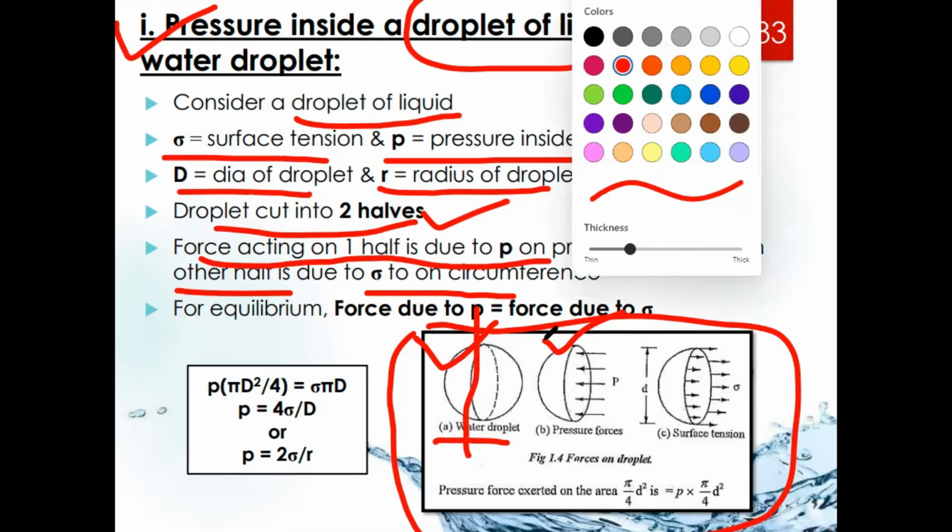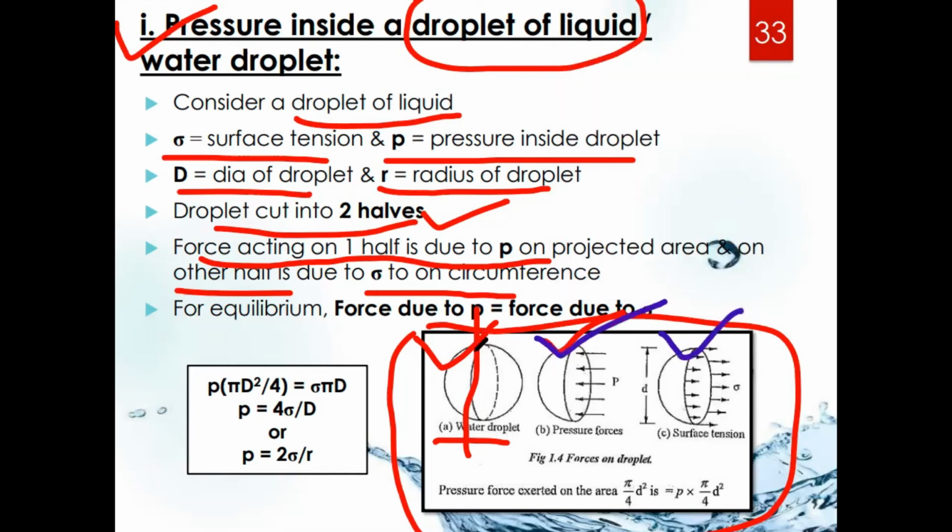Once you divide this liquid droplet into two parts, on the first part the force acting is basically due to the internal pressure P on the complete area. On this complete area the pressure will be acting. Whereas on the other half, the force is due to the surface tension, which will act only on the circumference, that is, only on the outer layer.